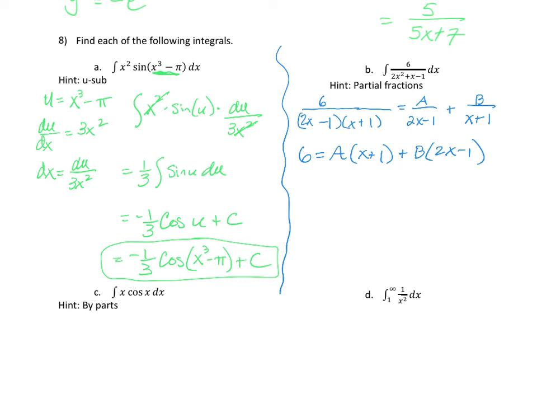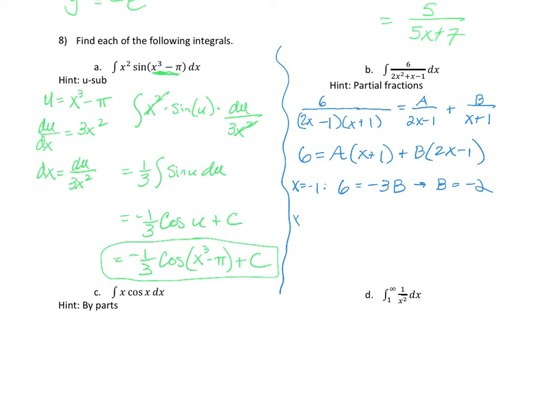And the trick here is that this equation has to be true for all x's, so pick a value of x that is helpful. So if x is negative 1, then my equation says 6 equals 0A plus negative 3B. So now we know that B is negative 2.